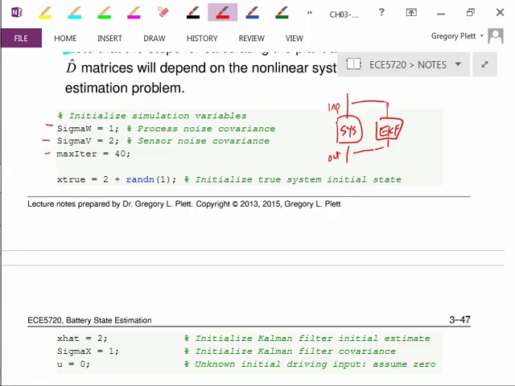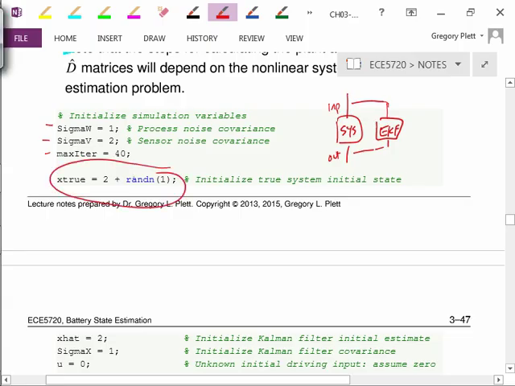So for the true system, I'm making an initial state, and in this case I'm choosing it somewhat randomly. I'm saying that it's 2 plus rand 1. The initial estimate of the state, x hat, for my filter, I'm saying is 2. Now that's the expected value of this, but they are different.